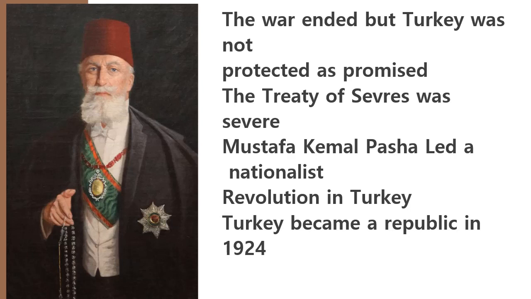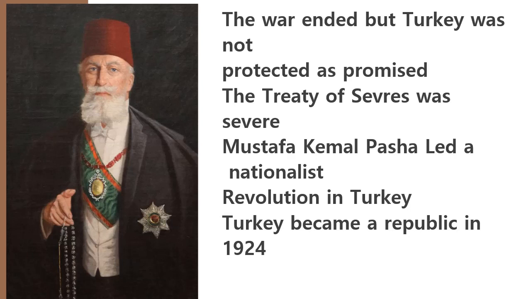In the Treaty of Sevres, the Ottoman territories in the Middle East were taken over as mandates by Britain and France. They divided the Ottoman Empire into many states.